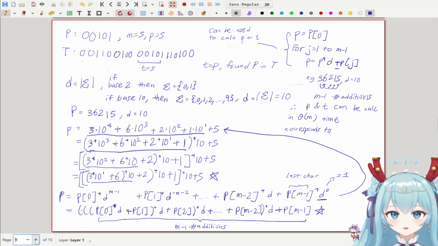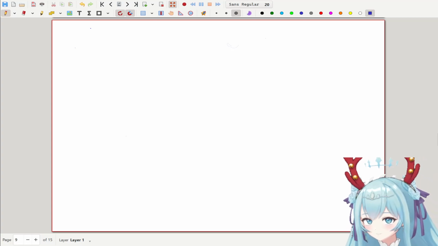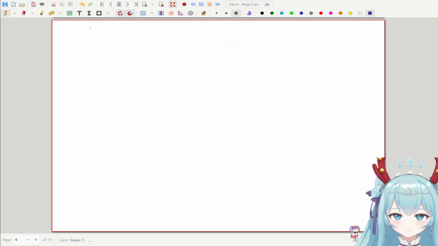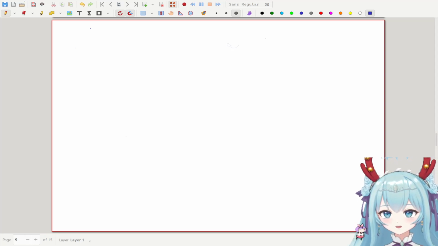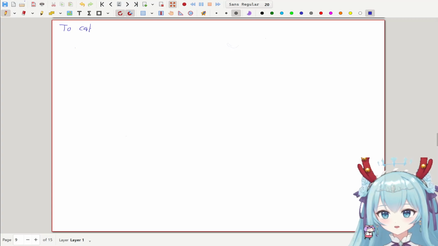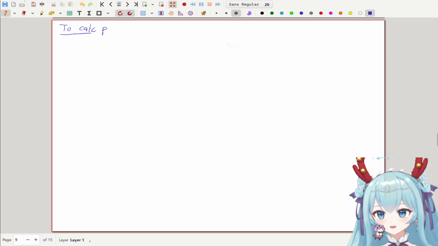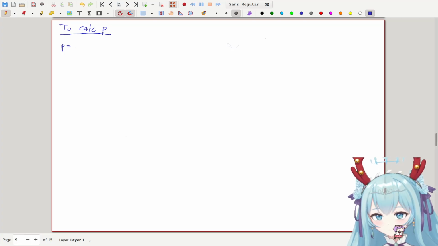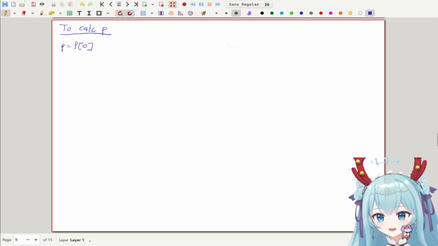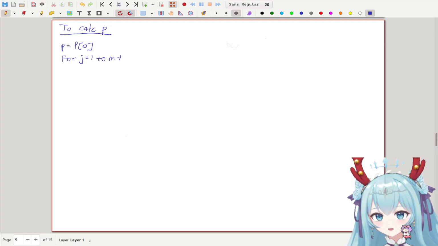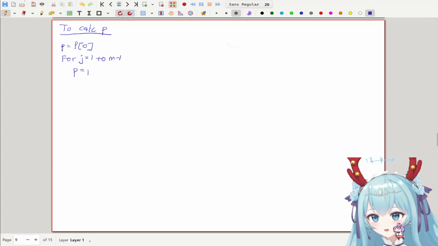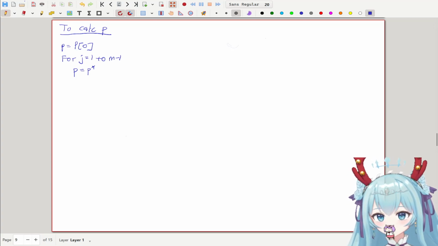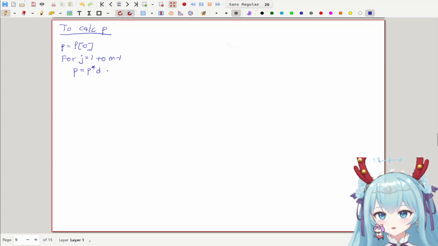Okay, let's start on a new page. So earlier we had this, okay, to calculate small p, we'll use this algorithm. So remember this asterisk means multiply.